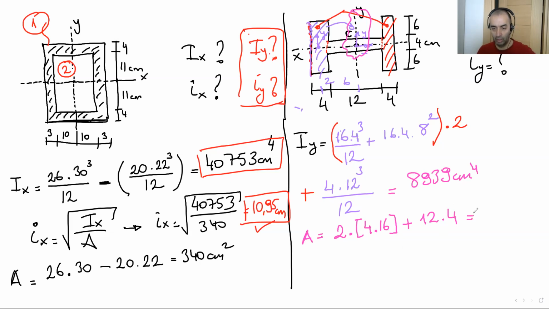If you do this calculation, let me do it: 2 times 4 times 16, plus 12 times 4, equals. Yes. This is the area.